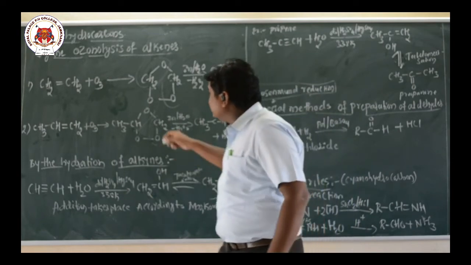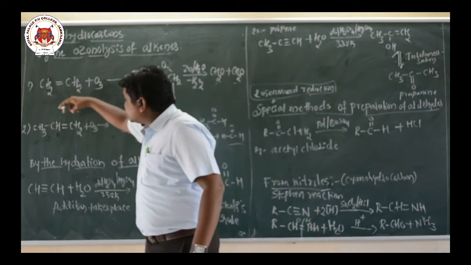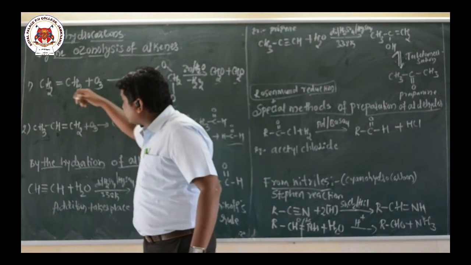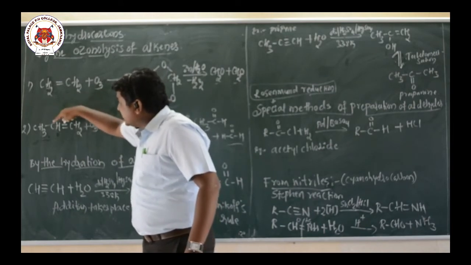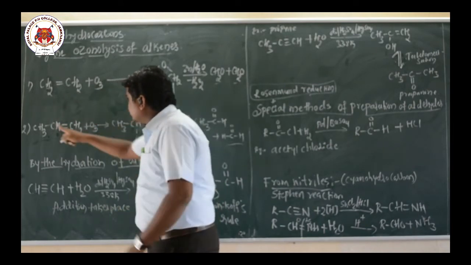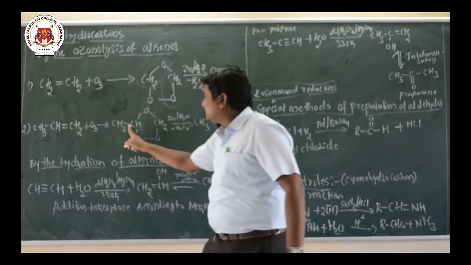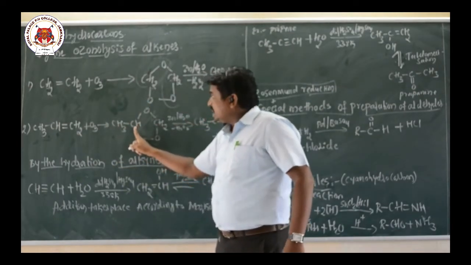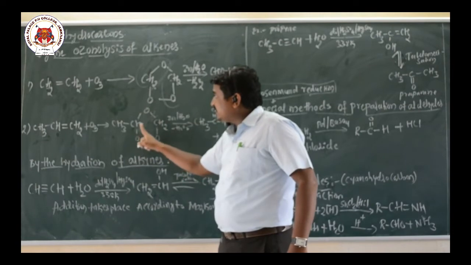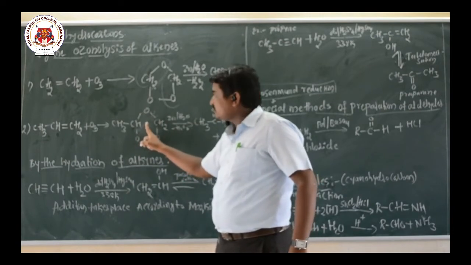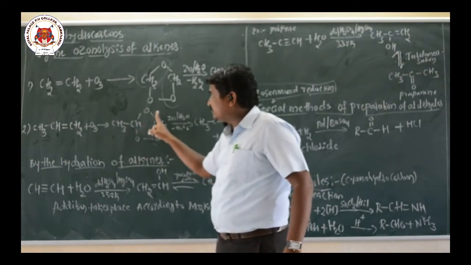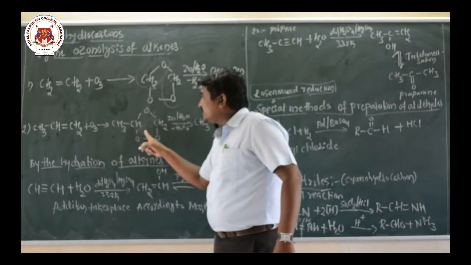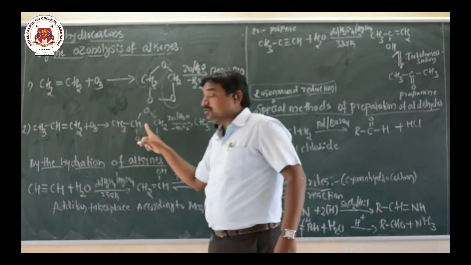Same thing, the ozone attacks the carbon containing the double bond. There is a formation of cyclic ozonide, CH3CH, as I have written here. The name of this one is cyclic propylene ozonide.